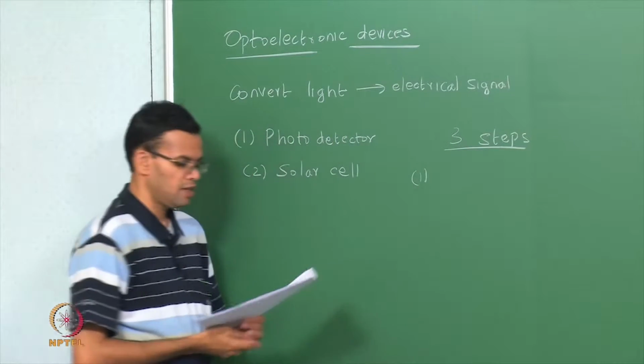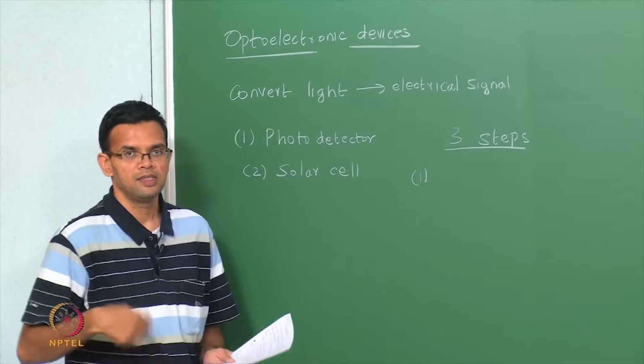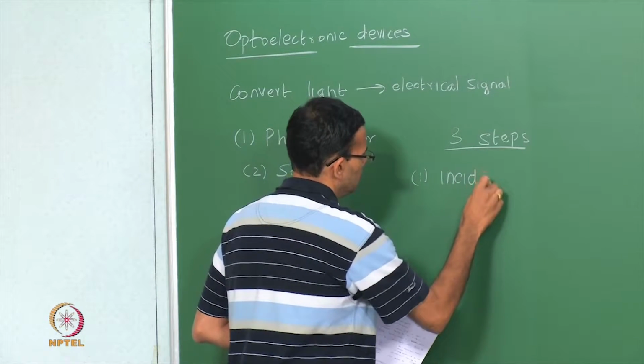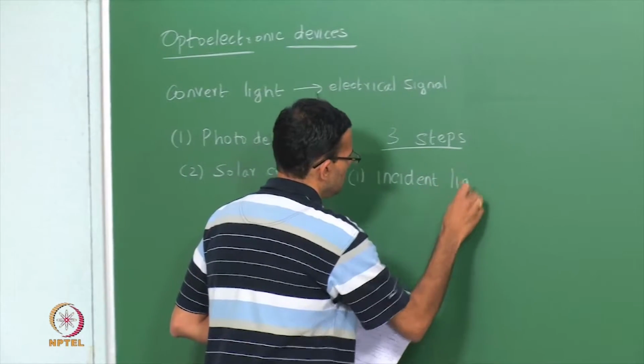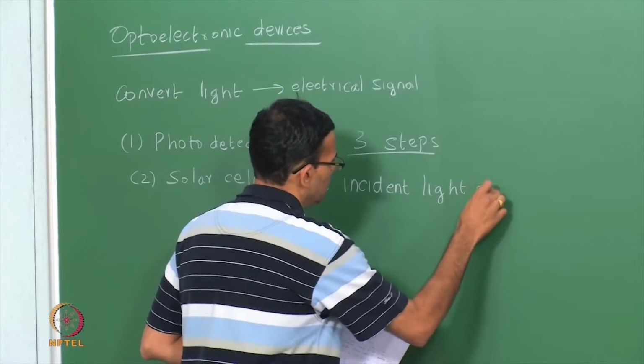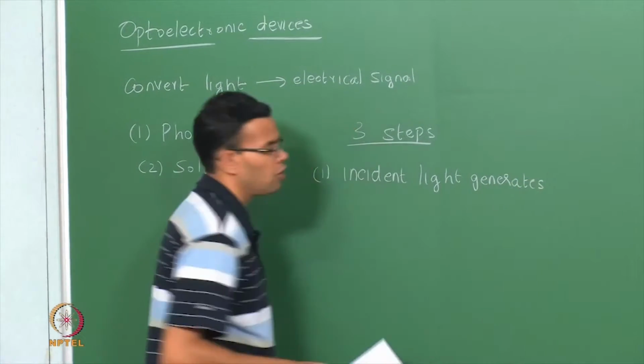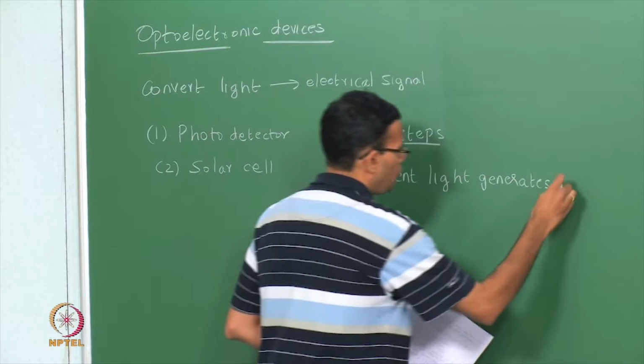In the first case, your incident light generates carriers in the device. When we talk about carriers, these are your electron hole pairs.